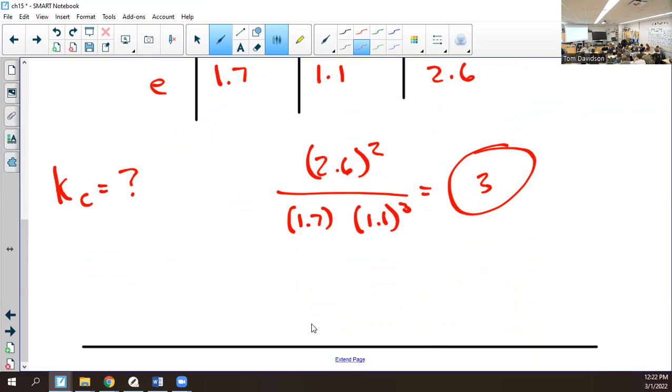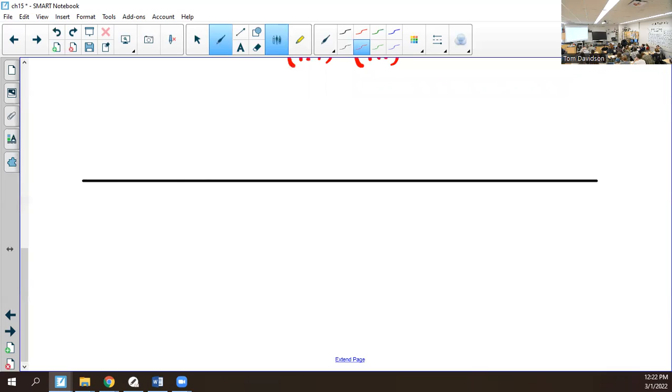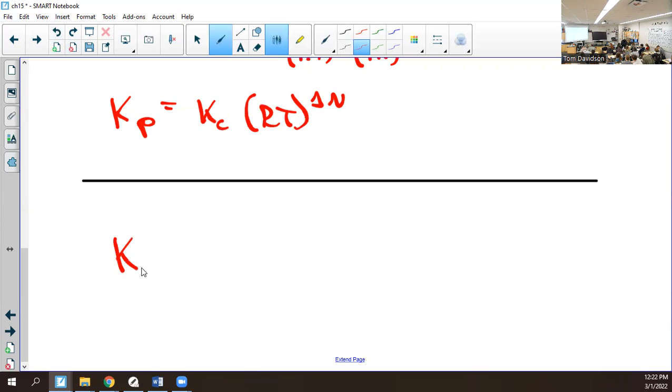All right, so we know Kc equals K, sorry. We know this, correct? So Kc would be pretty easy to solve for. It's Kp over RT raised to delta n.